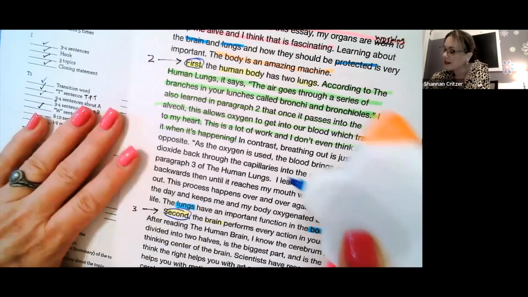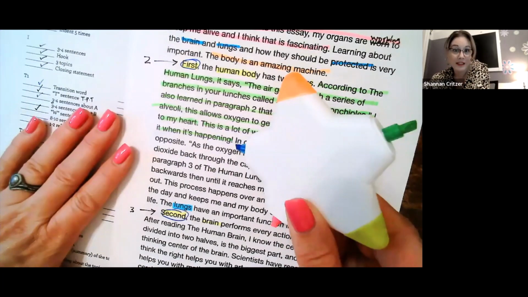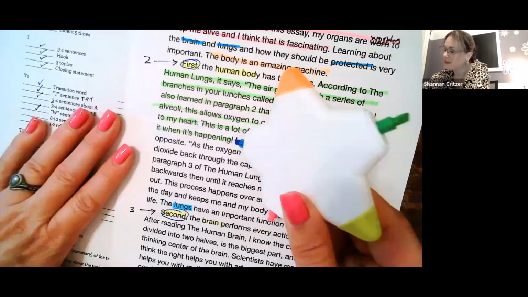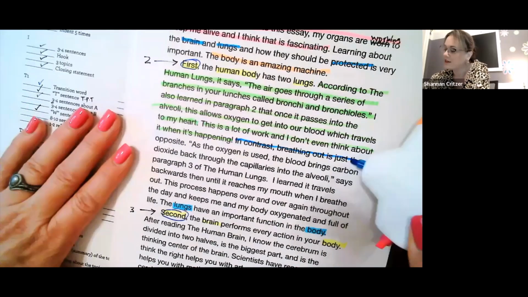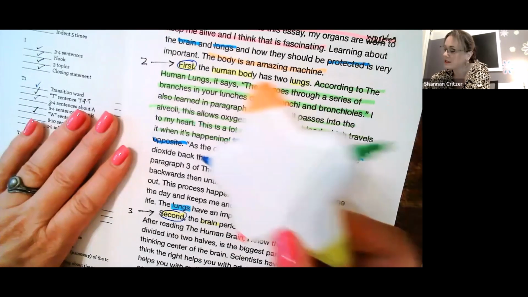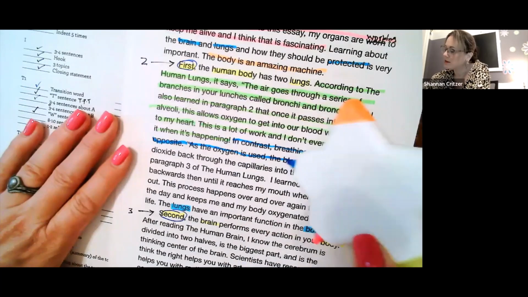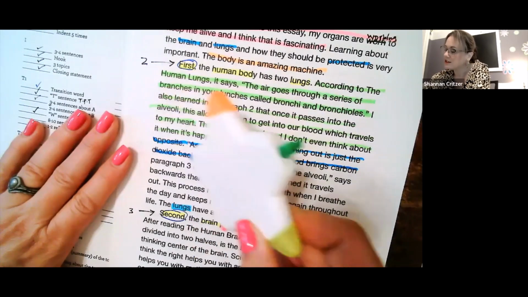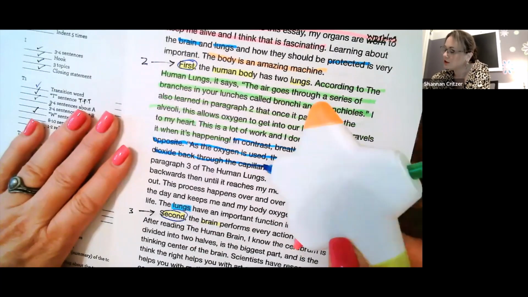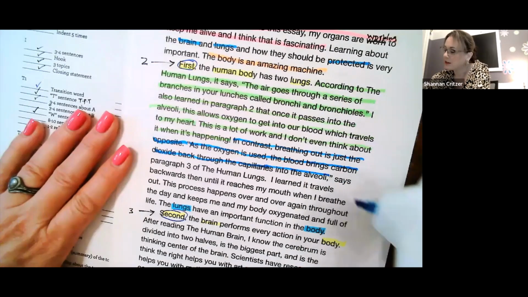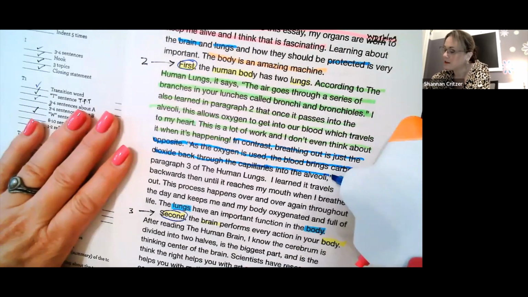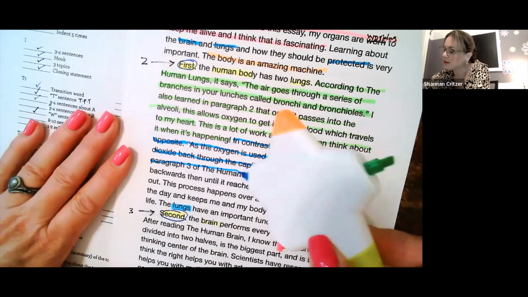In contrast, this is about point B now. This is breathing out. In contrast, breathing out is just the opposite. That's 1 sentence. Then I quote something. As the oxygen is used, the blood brings carbon dioxide back into the capillaries, into the alveoli, says paragraph 3 of the human lungs.